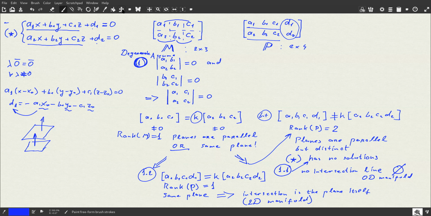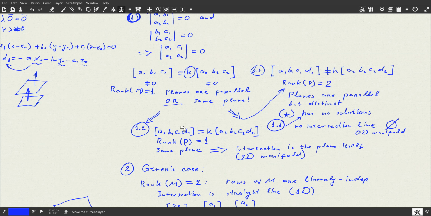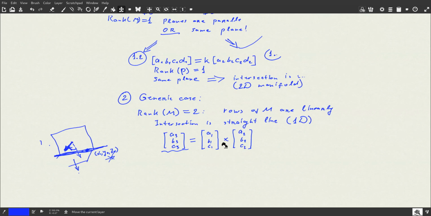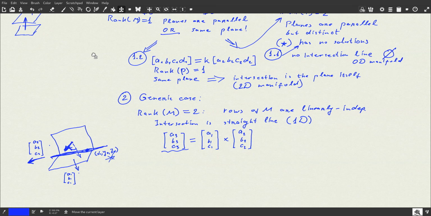Once we got, by solving a linear system, a single intersection point, then we can provide the general equation for the whole line: x, y, z equals x0, y0, z0 from the system of equations.